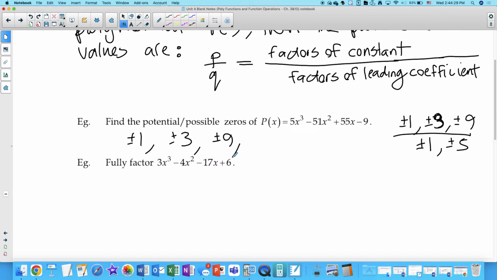Plus or minus 1 over plus or minus 5 is plus or minus 1/5. Plus or minus 3/5. And finally, plus or minus 9/5. So altogether there are 6, so 12 possibilities if you take into account the positive and the negative.